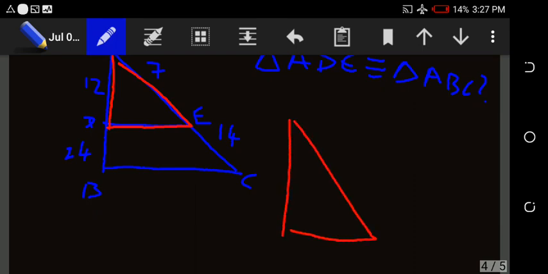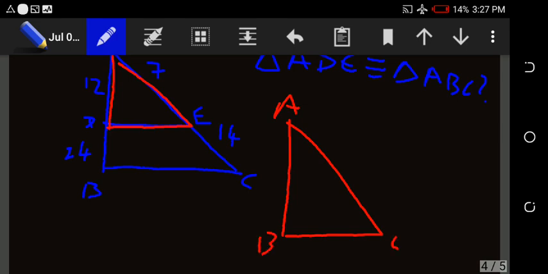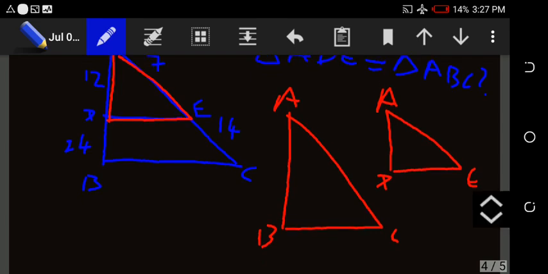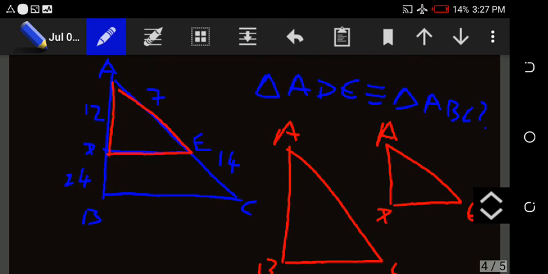It has a bigger triangle, which we will label A, B, C, and then we have the smaller triangle, the one inside of it, which we are going to label A, D, E, and of course you label the sides. Now for the smaller triangle ADE, we have here 7, and we have this side giving us 12.